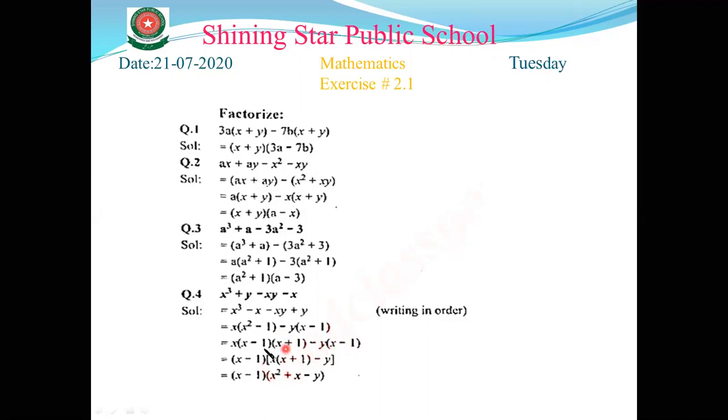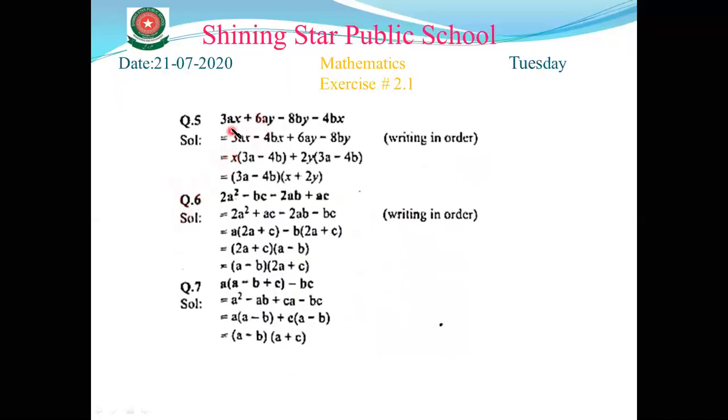So let's take the common x minus 1. When we take the common x minus 1, we get here x multiply x plus 1 minus, from here we get y, so minus y. Now x multiply x, x square, x multiply 1, x minus y.